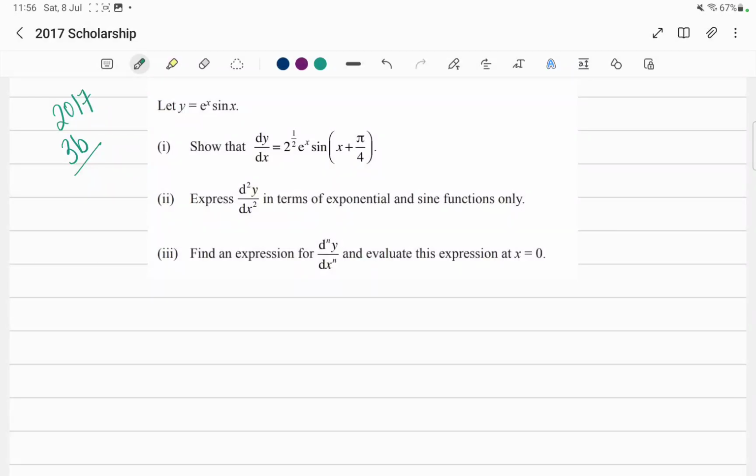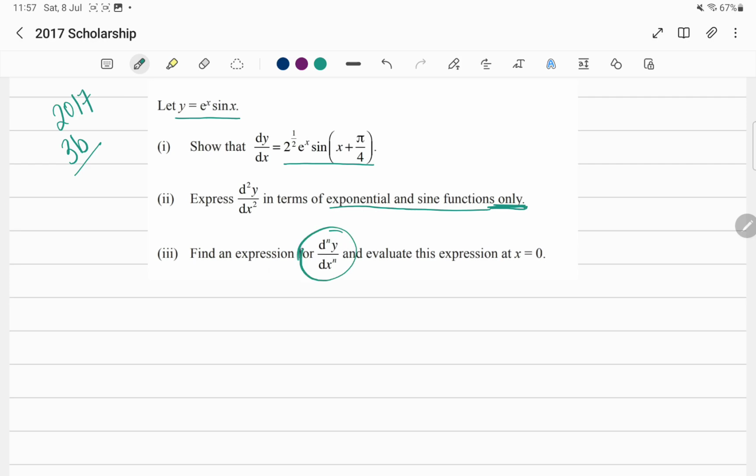Guys, let's do this 2017 question from the Calculus Scholarship exam. Here we have y equals e to the power x sine x, and we need to show that dy by dx equals this. In the second part, we have to express the second derivative, d2y by dx squared, in terms of exponential and sine functions only, and then find an expression for dny by dxn.